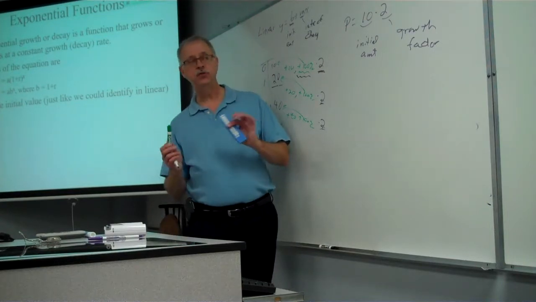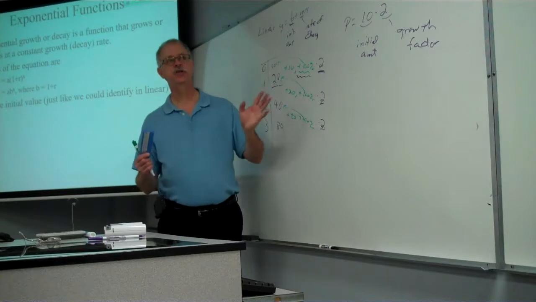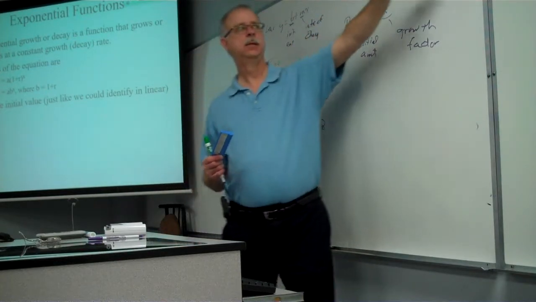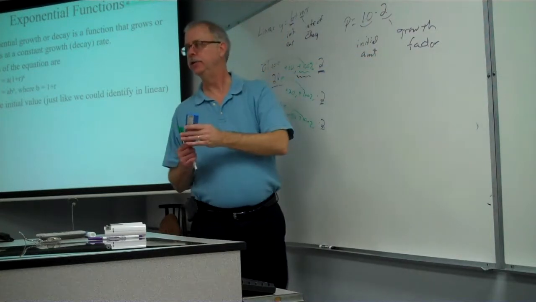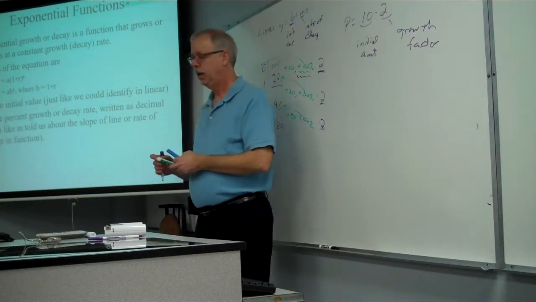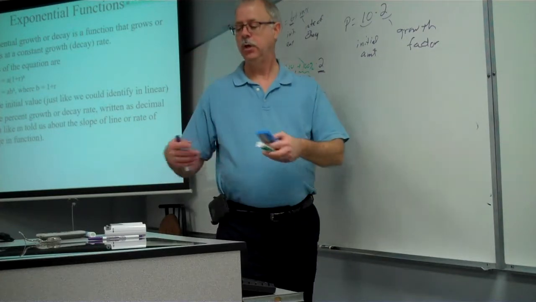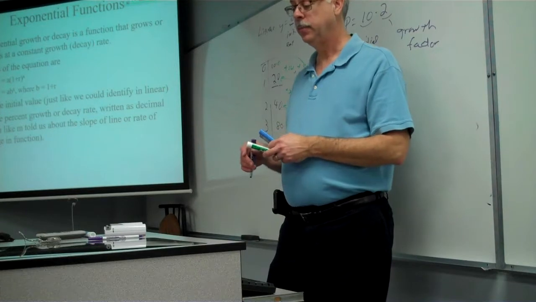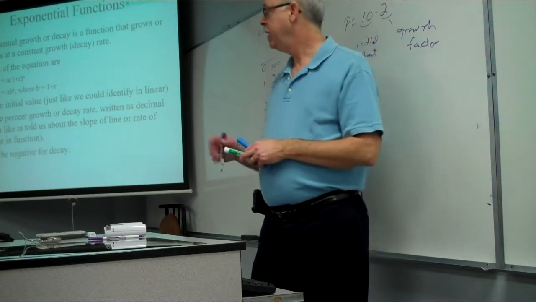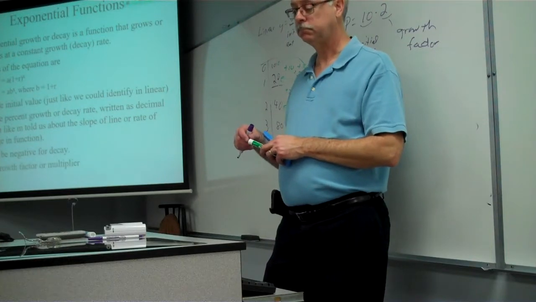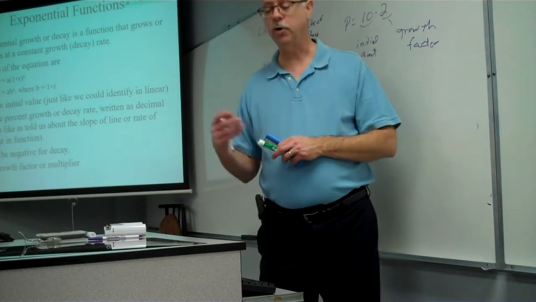And there are two different ways we could think of the amount changing. We're adding a certain percent, or we're just multiplying by a certain value. And r would be called the percent growth or the percent decay rate. Normally we write it as a decimal, and it will be negative if we have decay. And b would be called the growth factor.